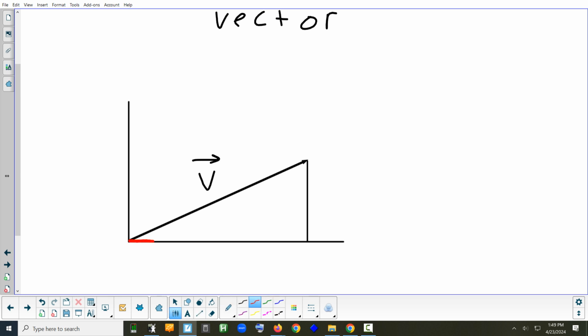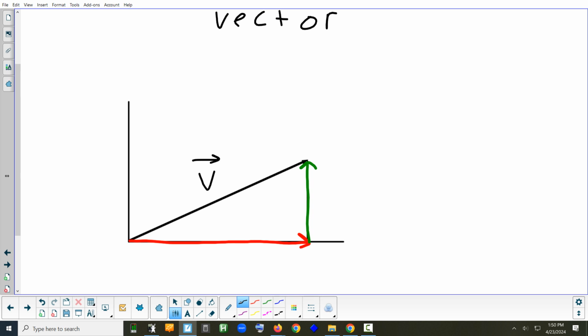The arrow I just drew in red is the horizontal component. If you stack this arrow in green on the end of it, you just built the black vector by stacking together the red and the green one. This is what we need to figure out: how long is the red one, and how long is the green one? That's what we put in our answer for the vector.